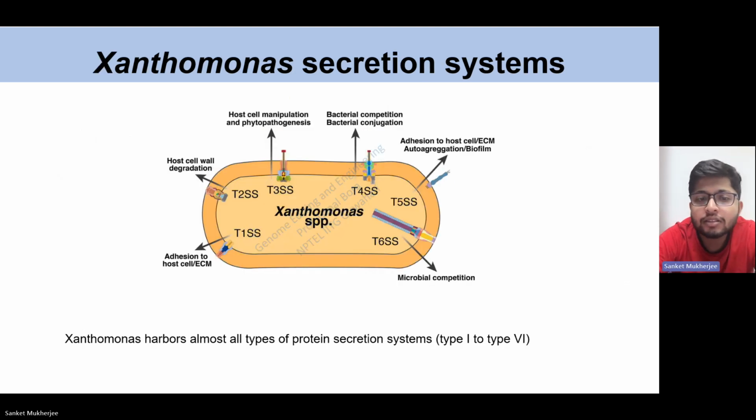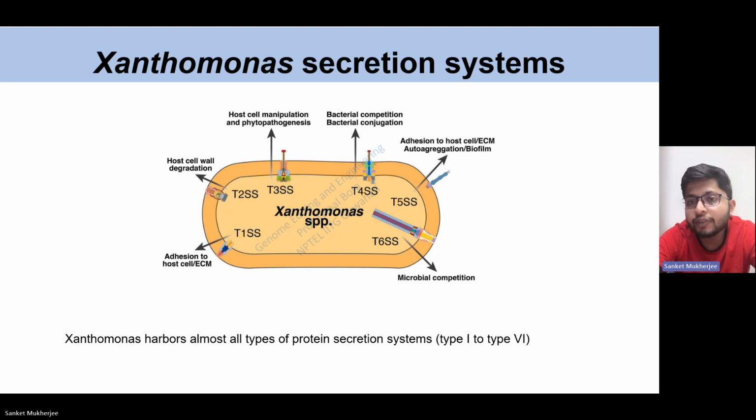Now, this is just a brief overview of the different secretion systems present in Xanthomonas. The type 1 secretion system is important for adhesion of the bacteria to the host cell or the extracellular matrix. The type 2 secretion system is important for host cell wall degradation. The type 3 secretion system is important for host cell manipulation and phytopathogenesis.